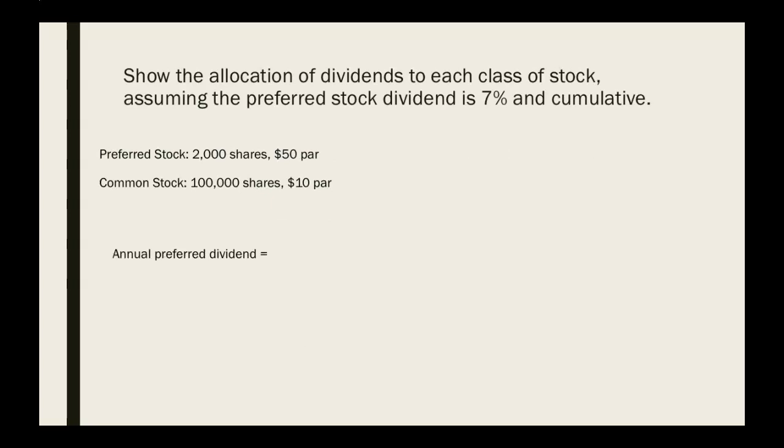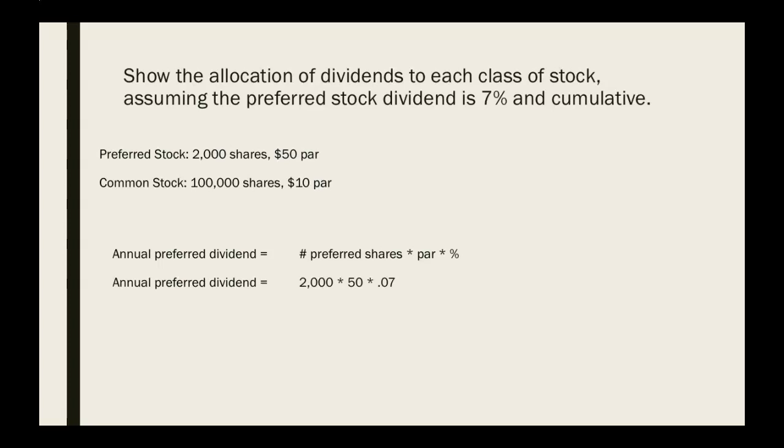So the annual preferred dividend will be your number of preferred shares times the par value for preferred stock times the percentage that they give you. So if we take a look at the information given to us, we have 2,000 shares of preferred stock. Its par value is $50, and our percentage is 7%.